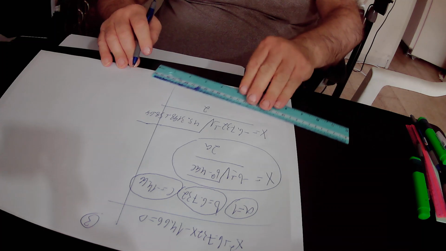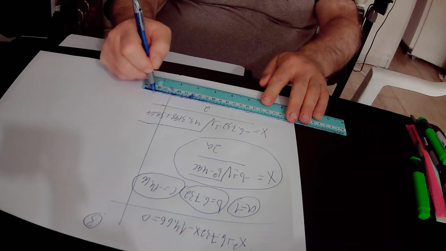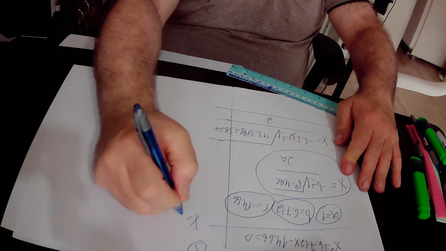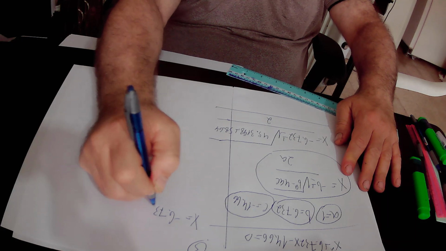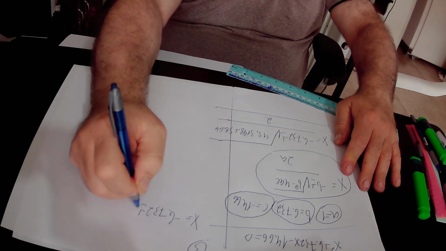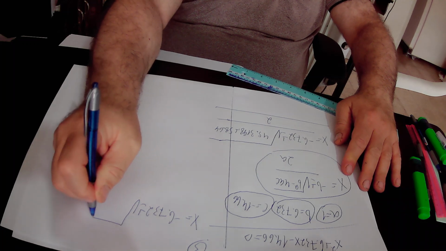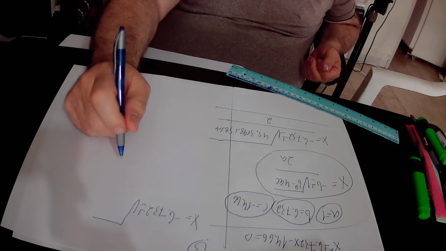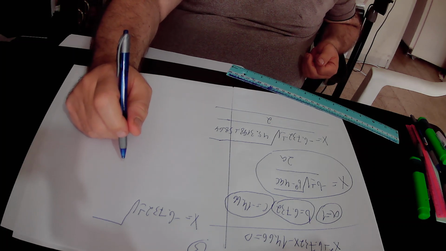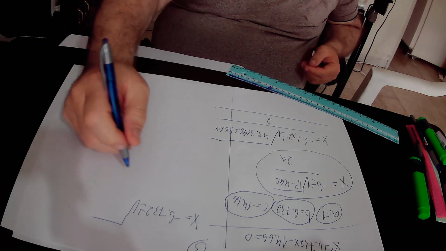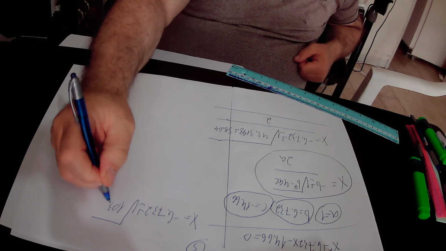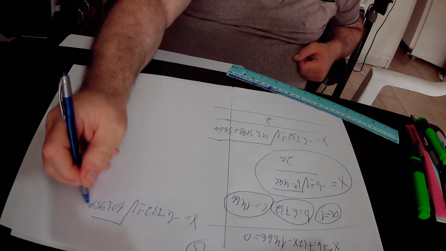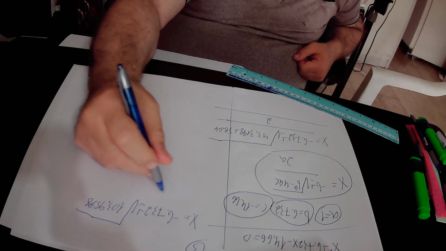So we actually found out that x equals to minus 6.732 plus minus the square root of 45.3198 plus 58.64 equals to 103.9598, divided by 2.